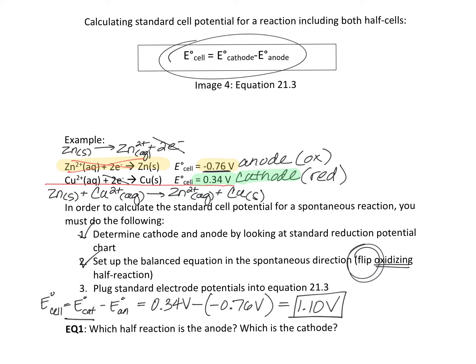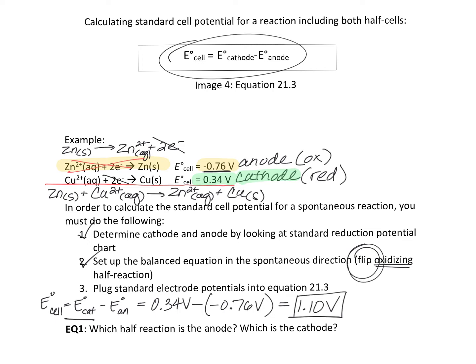It should be positive if it is a spontaneous reaction. This is a voltaic cell, so the whole focus of 21.3 is voltaic cells. So I should be getting positive E cell or cell potential values, which tells you I did plug these in the correct direction. If you had switched these two values, you would have gotten negative 1.10, which would have told you, okay, you put the cathode where the anode is and the anode where the cathode is.